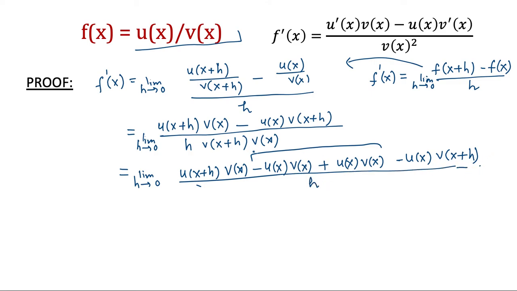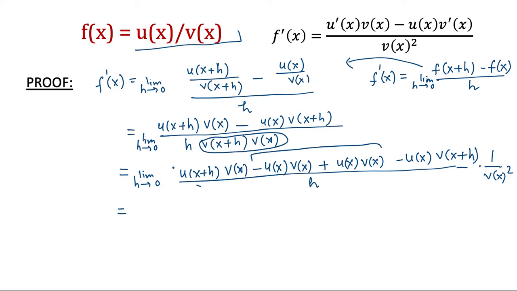And let's take this product. So if h is very close to 0, this vx plus h becomes the same as vx. So we get 1 over vx square. So I'm just writing these two terms separately, and this limit continues.